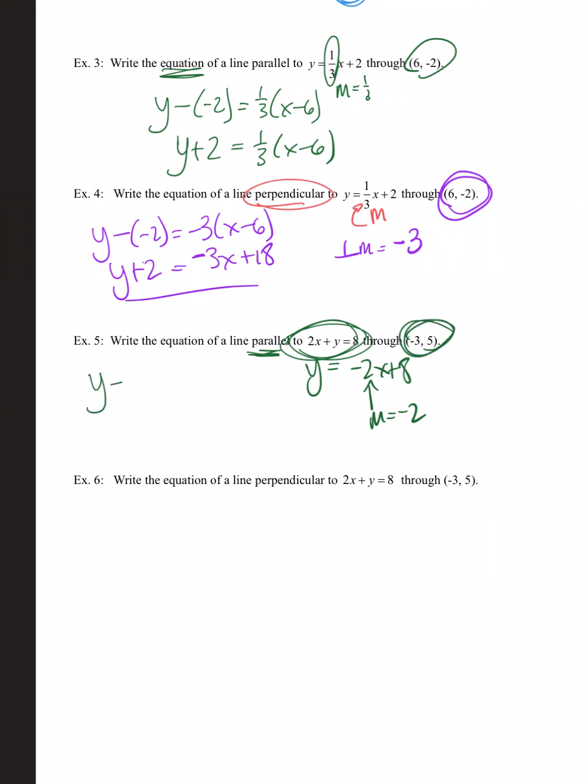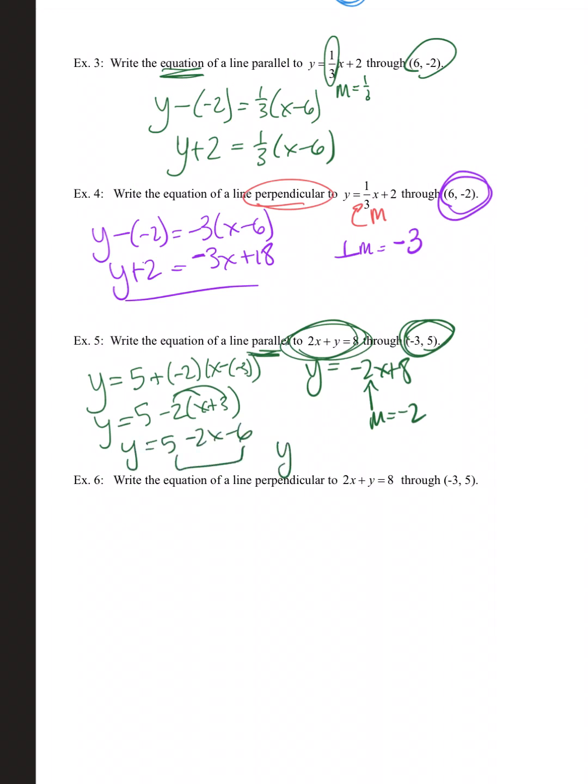So y is going to equal y plus m times x minus x, and I just want to clean that up a little. So let's see, it's going to be -2 times x plus 3. And if I distribute, y equals 5 minus 2x minus 6. And if I combine some like terms, -2x minus 1.